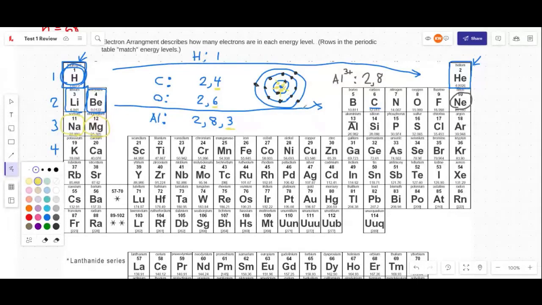However, the inner shell electrons are shielding the outer shell electrons. So, for example, these electrons in the second shell are protecting the outer ones from experiencing the effect of the nucleus. They're shielding it.